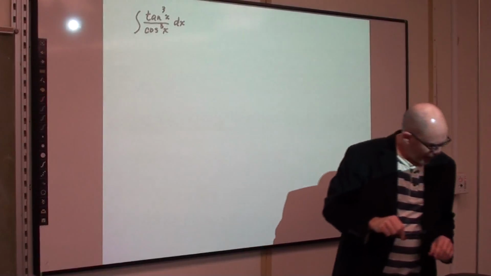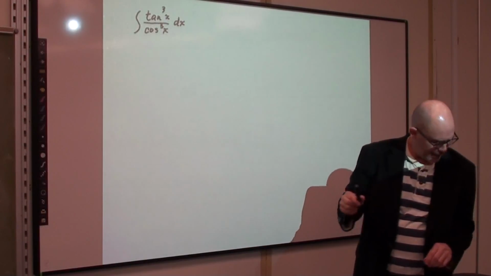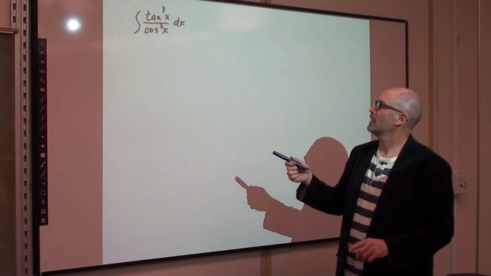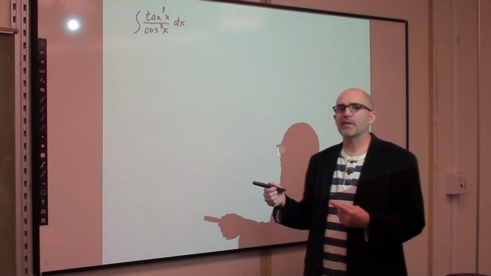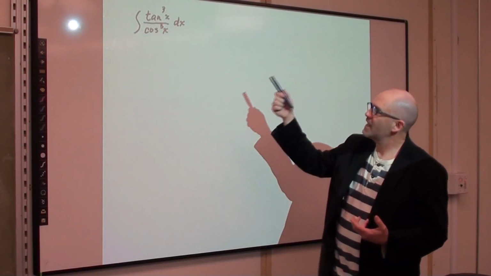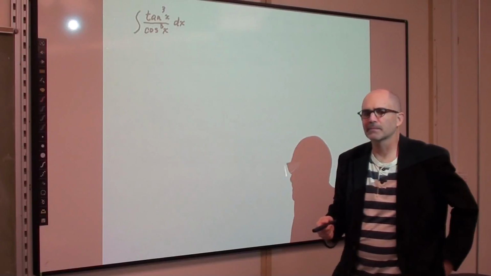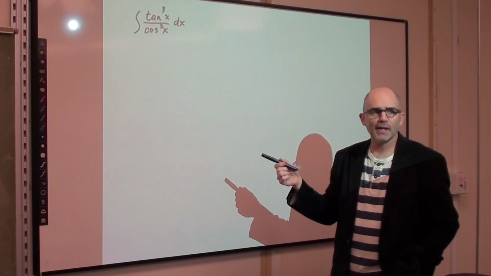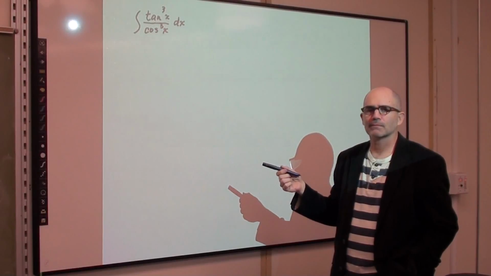Okay, so the first thing that you have to see is if you can change this to something that's more familiar. So, tangent over cosine. What function do we typically associate with the tangent function?